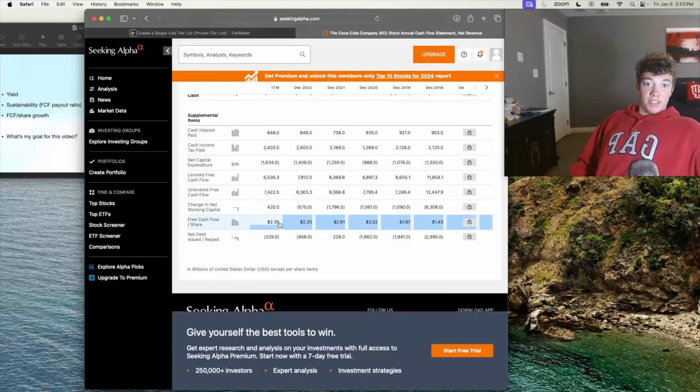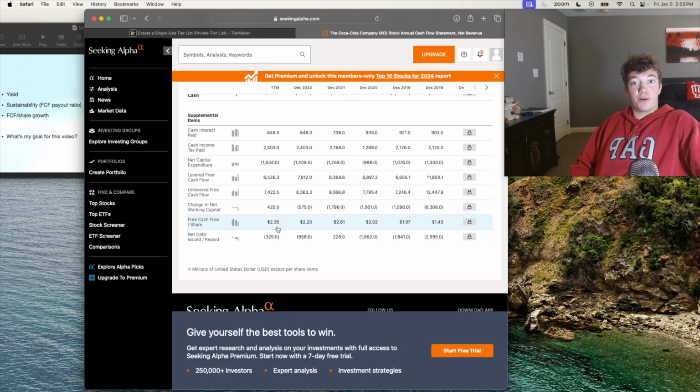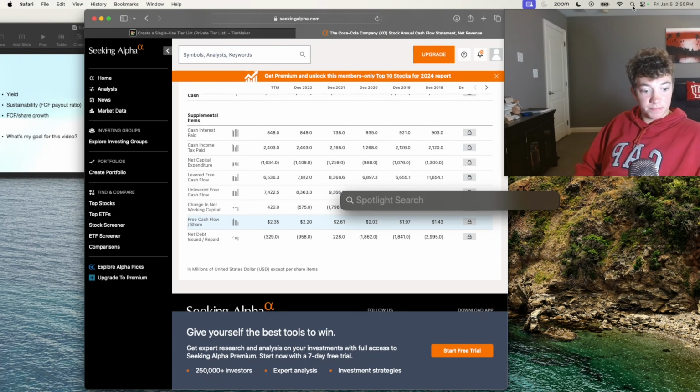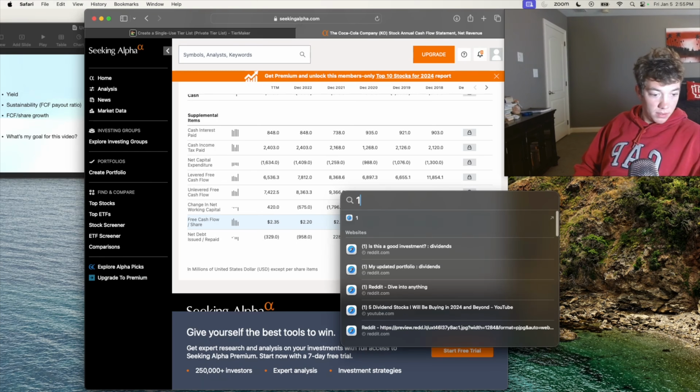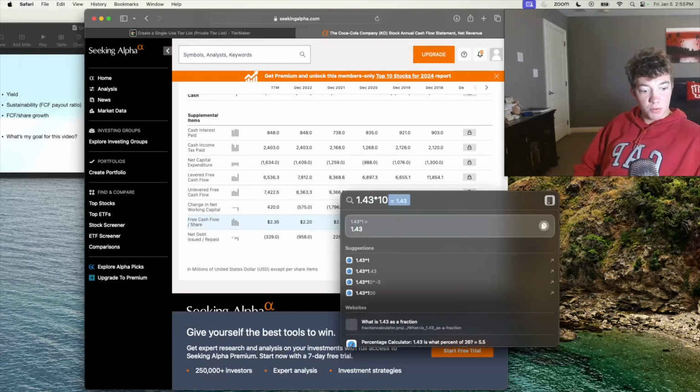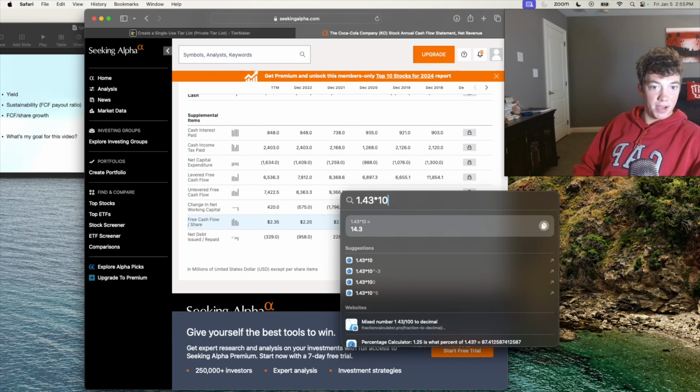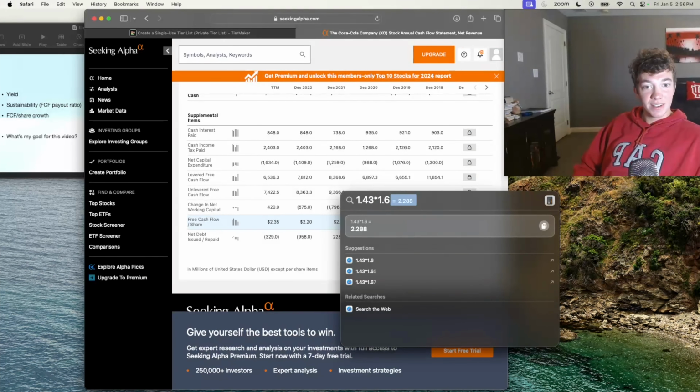That's a check. We see that uptrend. No, it's there. $1.43 in 2018, trailing 12 months, $2.35. That's about a 60% increase. $1.43 times 1.6.